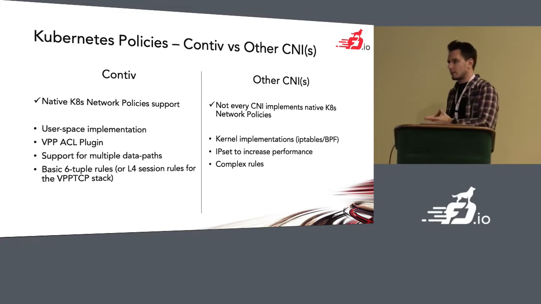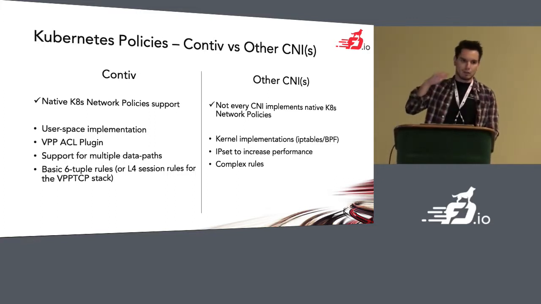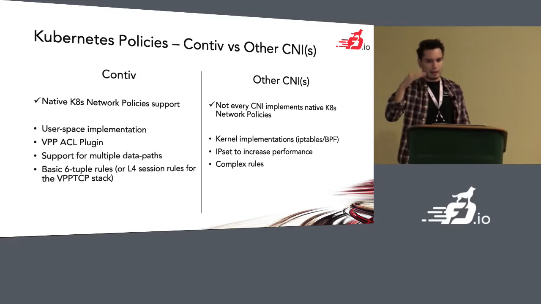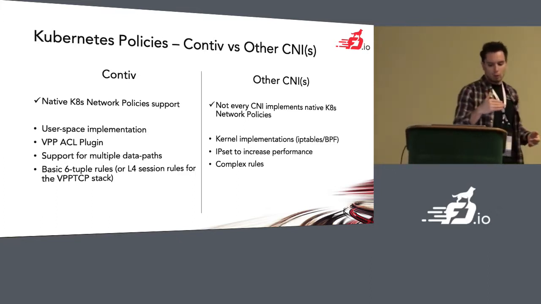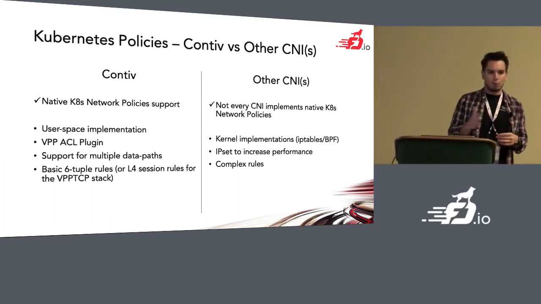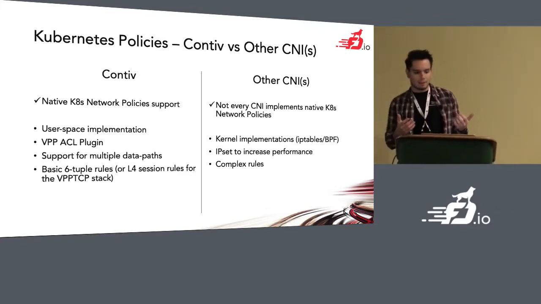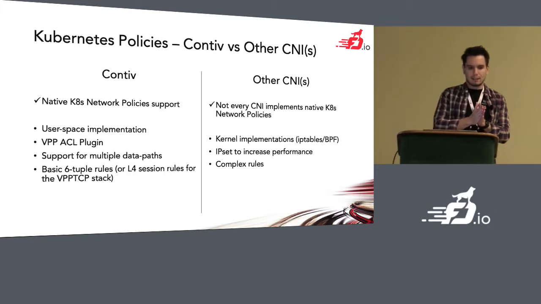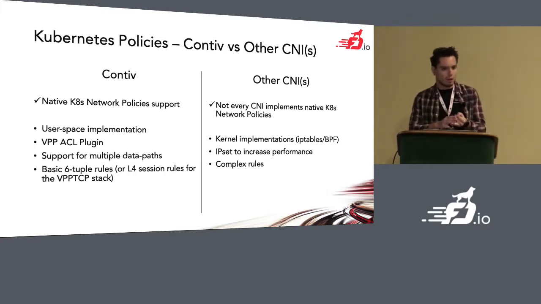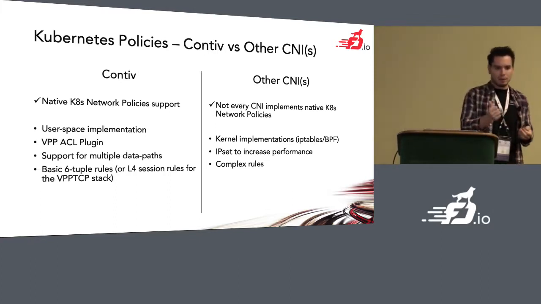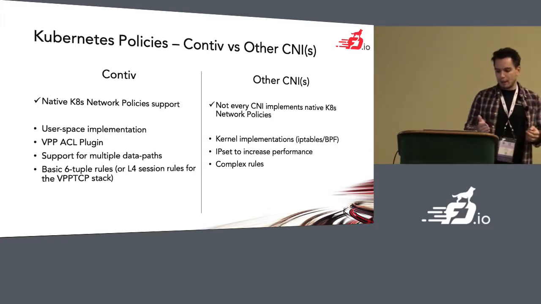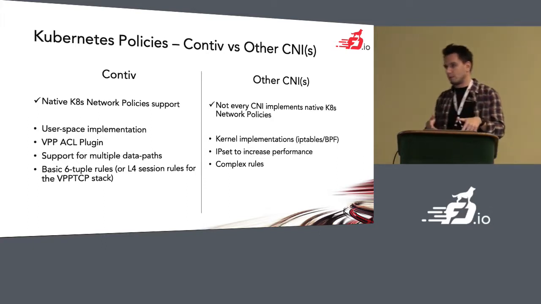Again, we follow the same architecture, the data flow layering data model, where we can support multiple data paths. Essentially what happens is we create these basic 6 tuple rules with destination port IP, source port IP, and action, and then we push that down to the data plane.